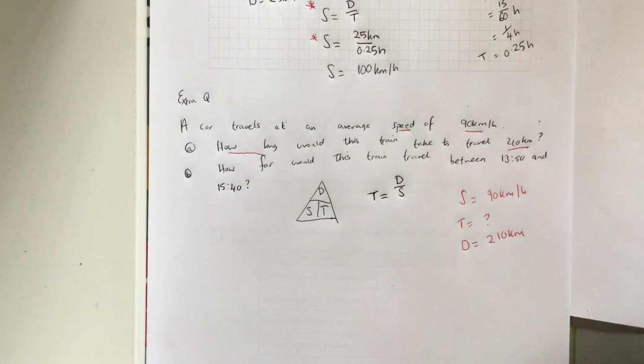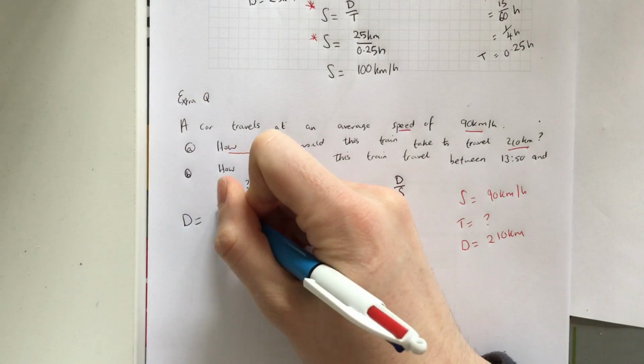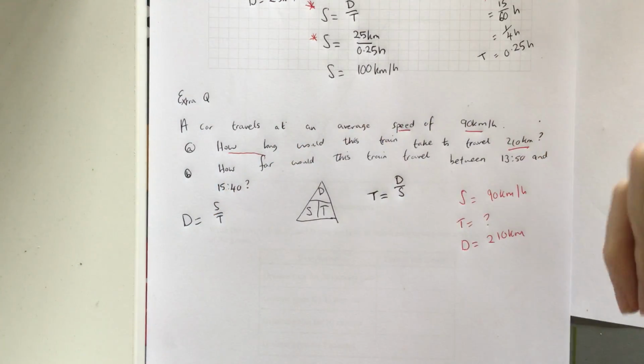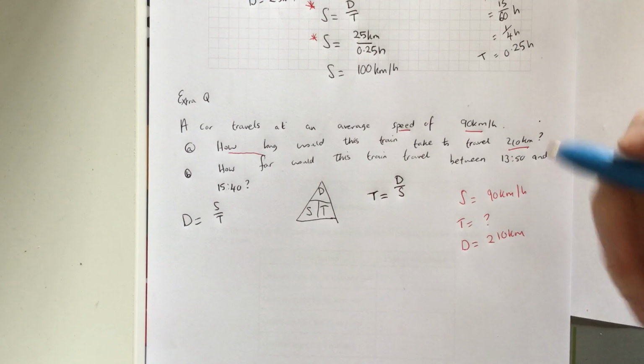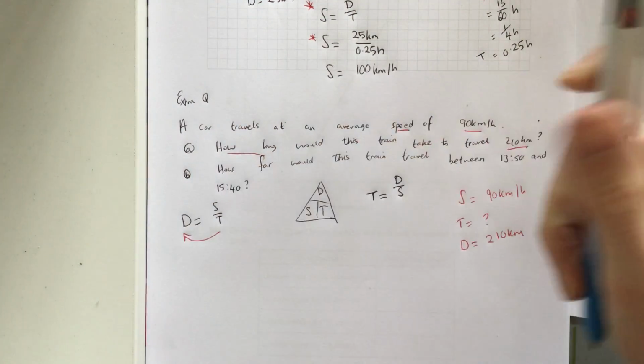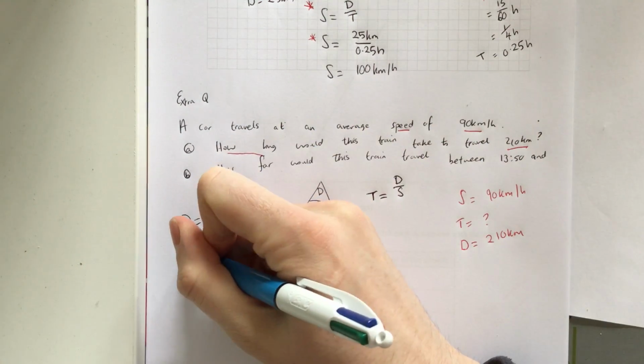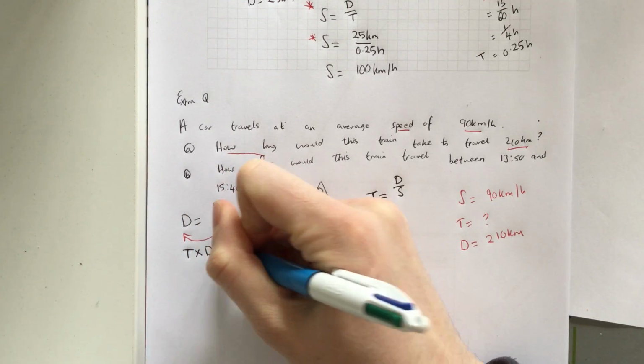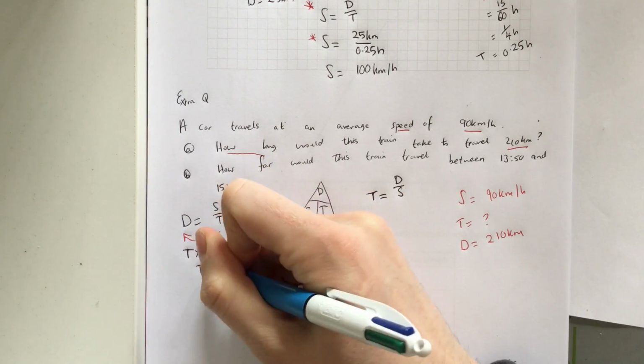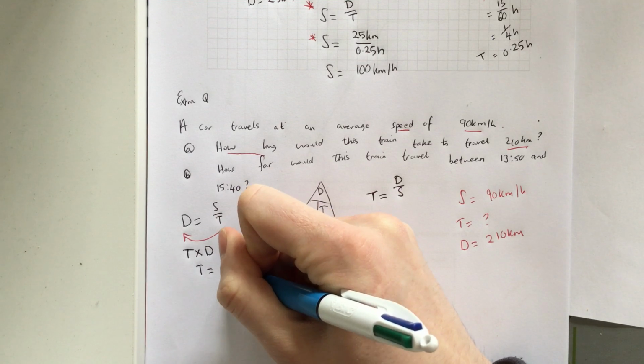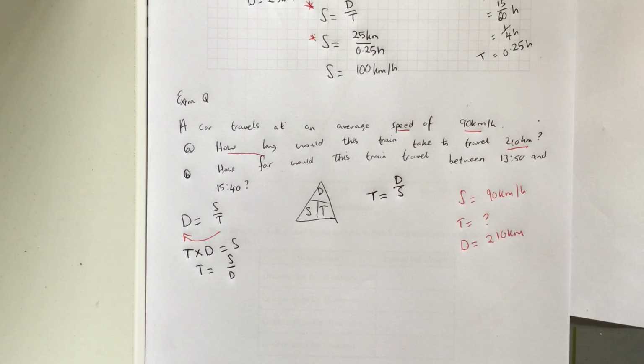You could do that the slower way. You could use algebra to isolate the part that you want, which is the t. Okay, I made a mistake there somewhere.